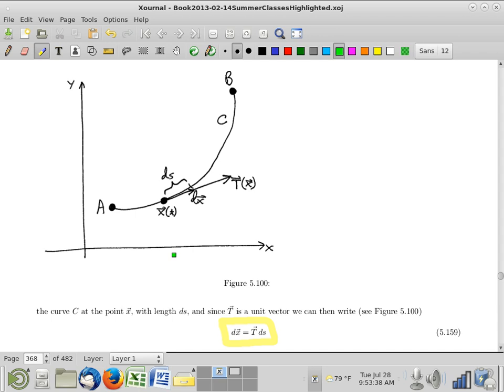So let's think about how our dx vector relates to that. Well, I think it's a pretty easy sell that the dx vector is the length of that little piece of curve times that unit tangent vector. And let's think through why that is.